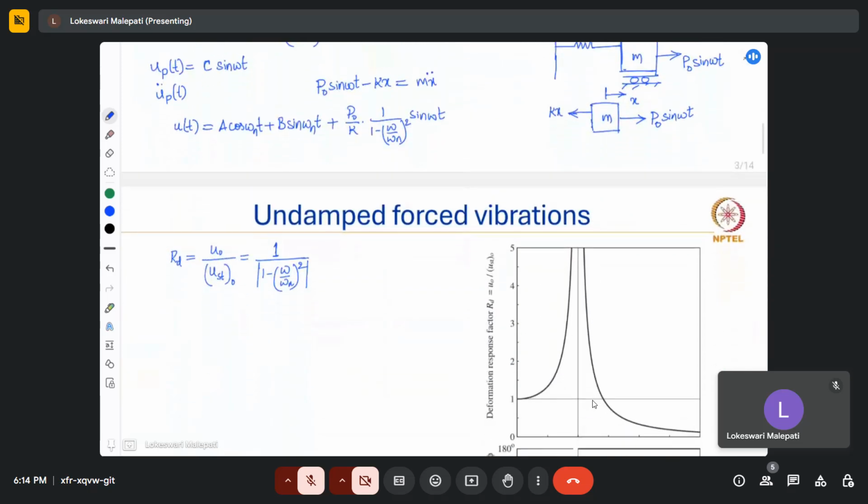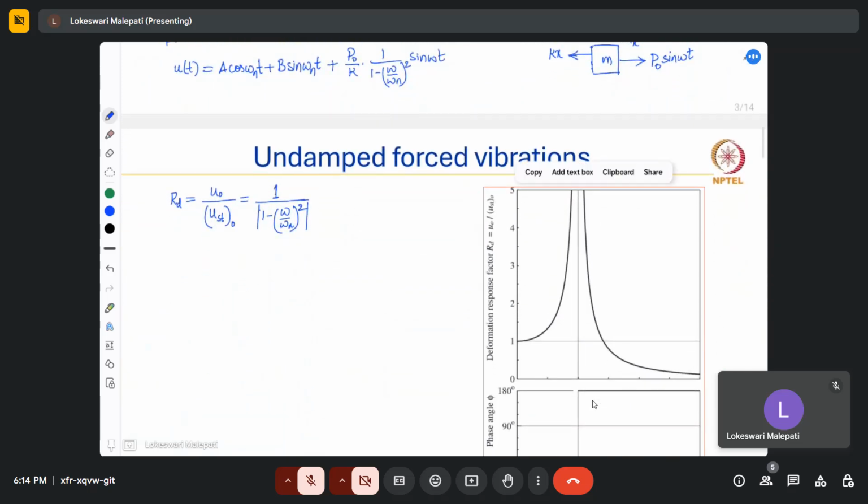As I said before, this transient response dies down after a certain time, and hence whenever we study forced vibrations, we examine the steady state response.